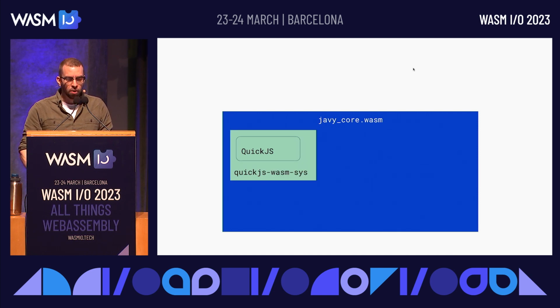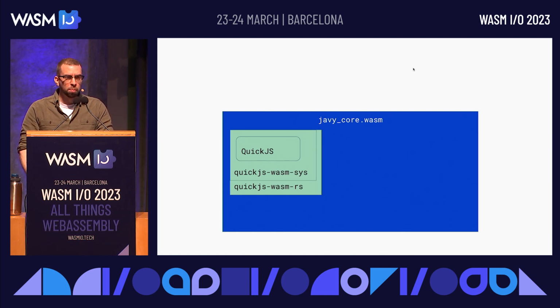We wrap it with a crate we call quickjs-wasm-sys. It's a way of adding Rust bindings around the QuickJS library. Importantly, these bindings target a WASI target, as opposed to a native target. Then we wrap that sys crate with a crate called quickjs-wasm-rs, which adds a more ergonomic API around the raw QuickJS bindings.